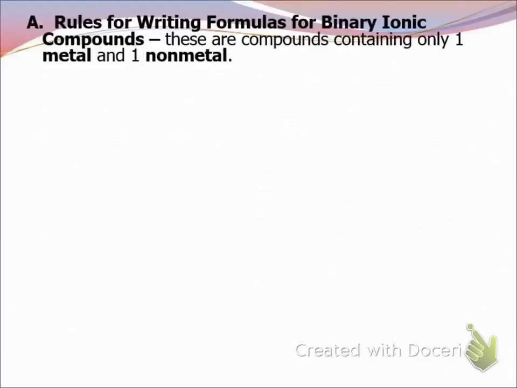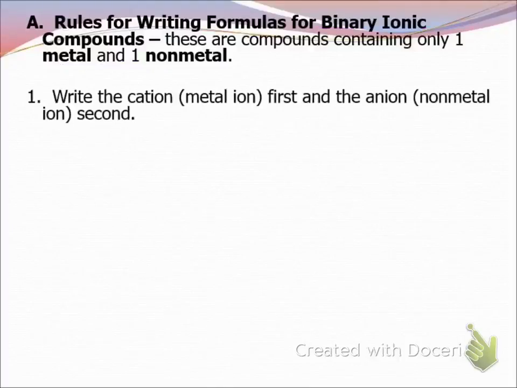So when we are writing formulas, there's a couple of rules that we need to remember. Remember, ionic is a metal and a nonmetal. So binary ionic compounds means a metal and a nonmetal together. So we have one metal and one nonmetal only.